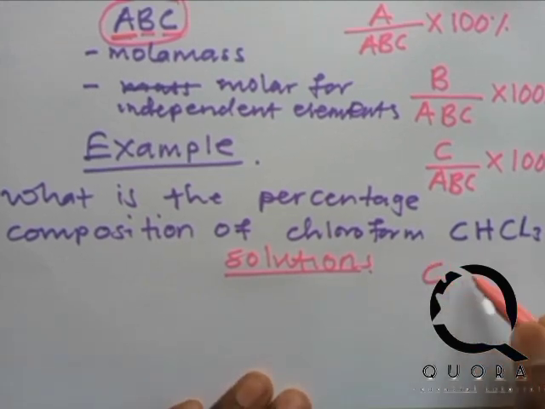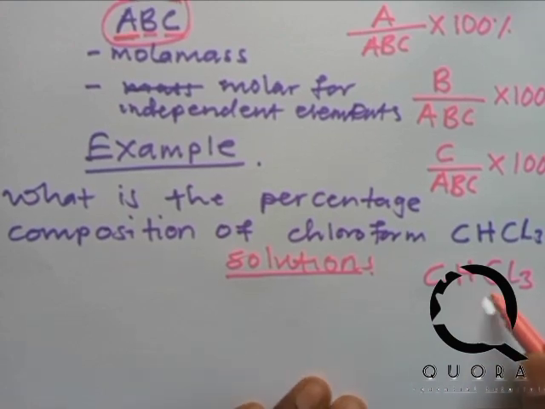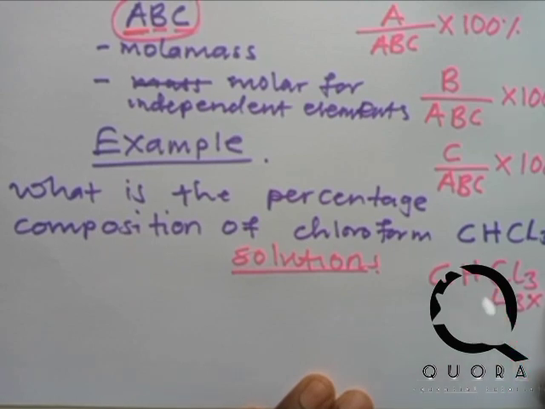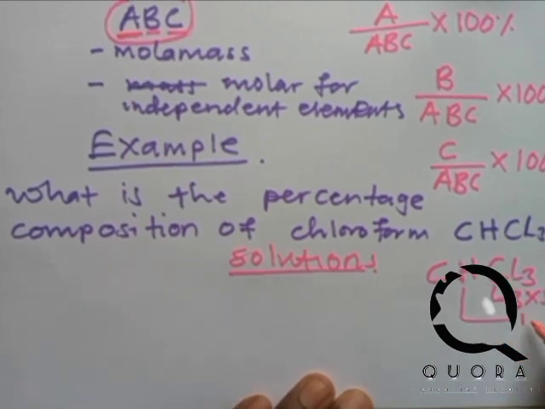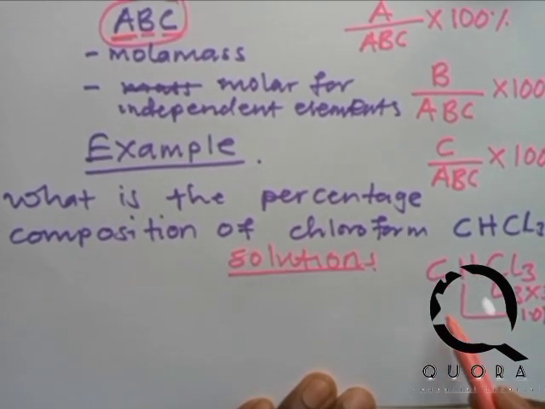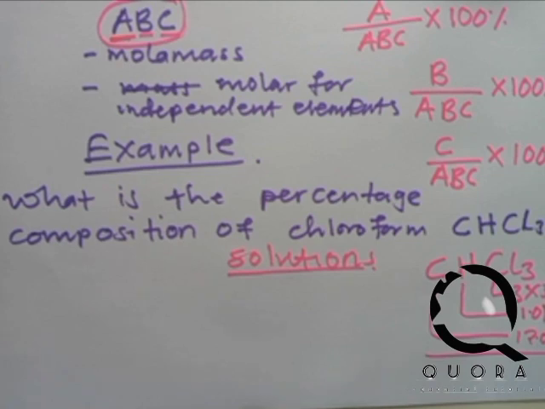For CHCl3, we have 3 multiplied by the molar mass for chlorine, which is 35.45. I'm multiplying the subscript by that because we have 3 chlorine atoms here. Then 1.01 for hydrogen multiplied by 1. Lastly, 12.01 multiplied by 1 for carbon.